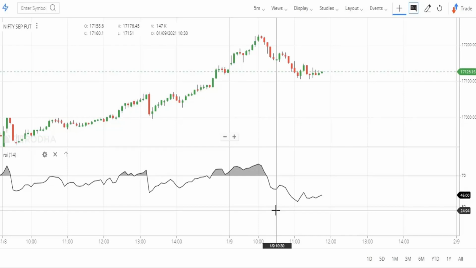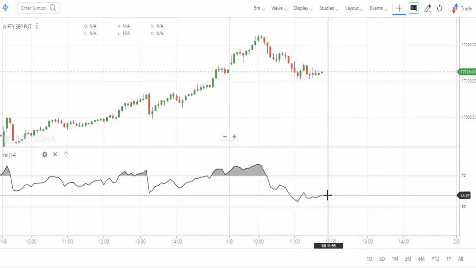But let me tell you, there's a much better and more practical way to use RSI, at least when we talk about intraday trading. All right, what is that way? RSI, as we said, is a relative strength index, which means it does not tell you what the current strength is directly. It will tell you the relative strength.